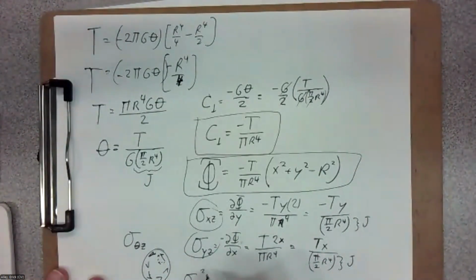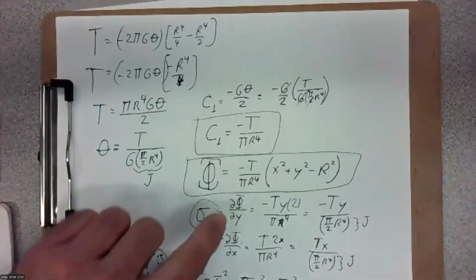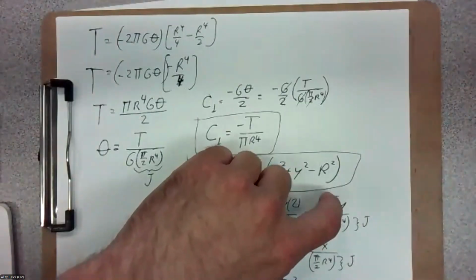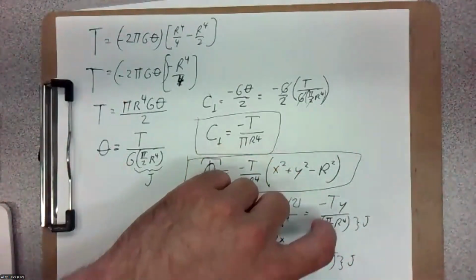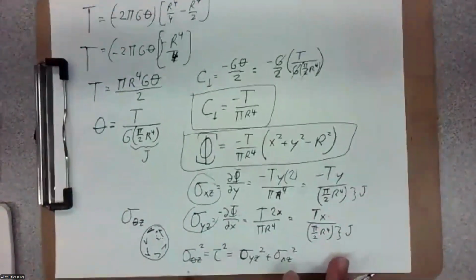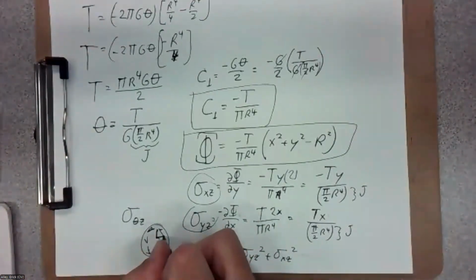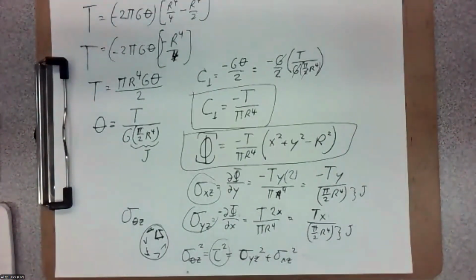That tau that we normally get for a circular bar is just equal to the square root of sigma yz squared plus sigma xz squared. The hypotenuse is the tau that we're used to. If I square this, I get x squared plus y squared, which is r squared, so I get back to Tr over J that way. Both of these together, a leg and a leg, make up the tau that we're familiar with, Tr over J, the hypotenuse.